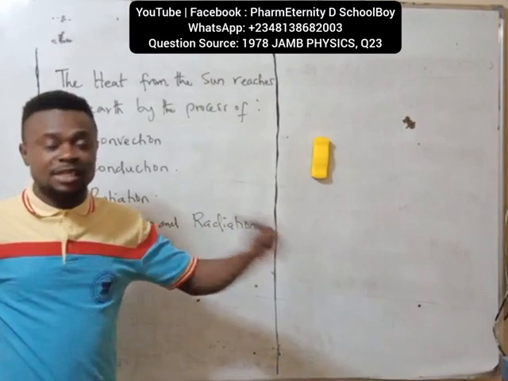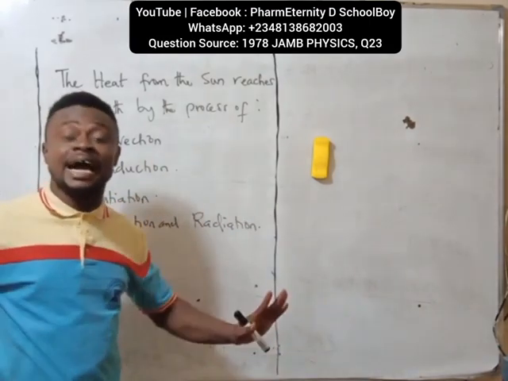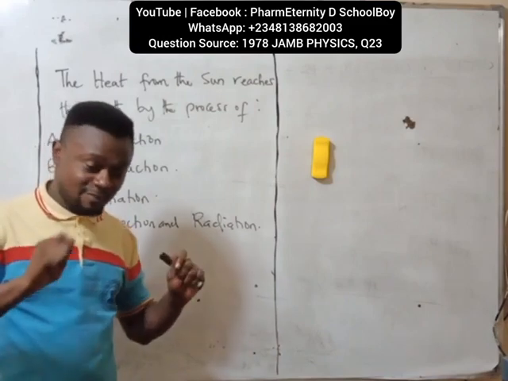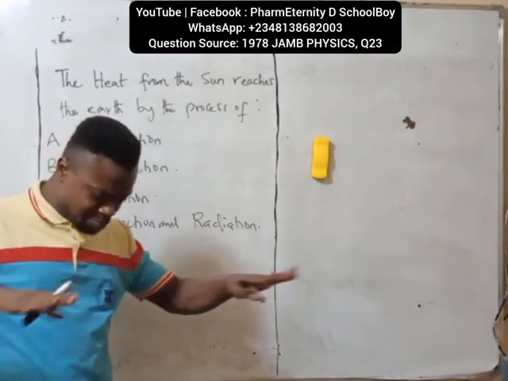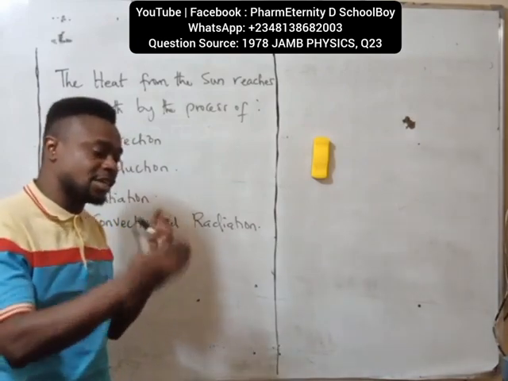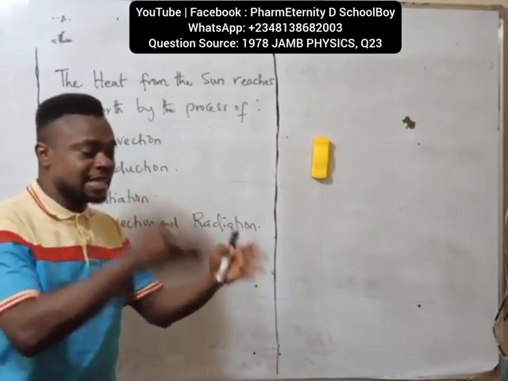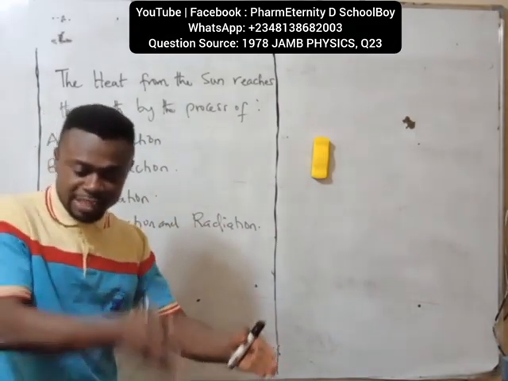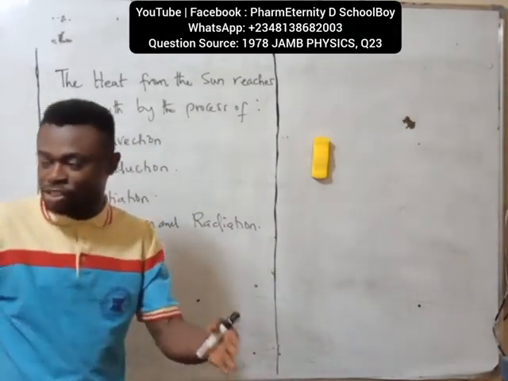They don't move, they remain where they are. On average, they may vibrate, but they maintain their position. It's this vibration and interaction between the particles that transfers the heat energy from one particle to the other until you get to the end.